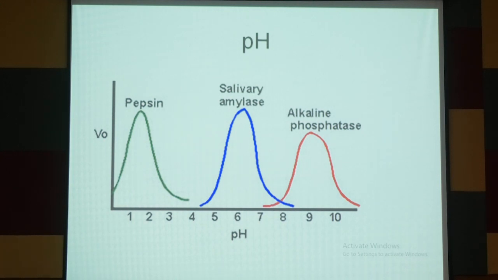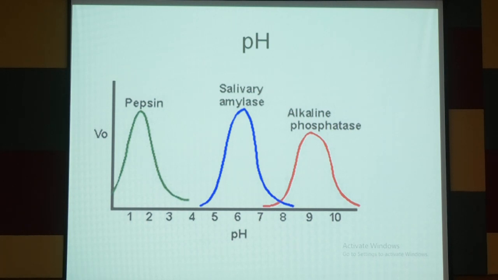Correct? Here also it is a bell-shaped graph. But the problem is the range is 1 to 10. How much might the range go to? 1 to 14. Can it be 15? No. pH cannot be more than 14. So you can write 1 to 14.